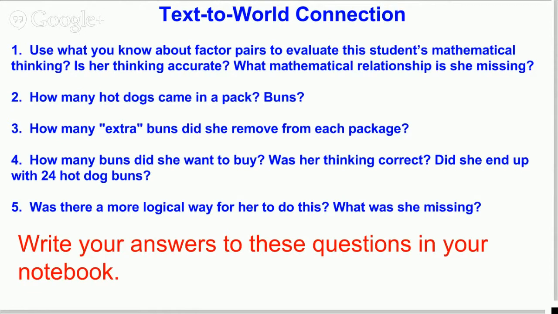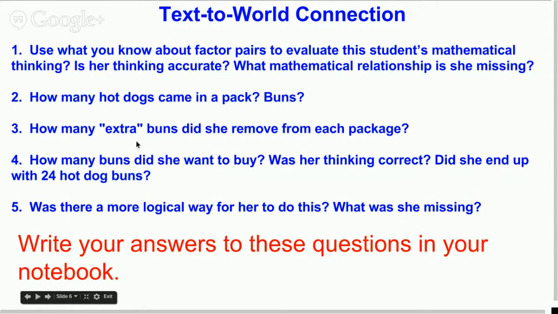Use what you know about factor pairs to evaluate this student's mathematical thinking. Is her thinking accurate? What mathematical relationship is she missing? Please write the answers to all of these questions in your notebook. I'll read them for you. How many hot dogs came in a pack? How many buns? Pause and answer that one.